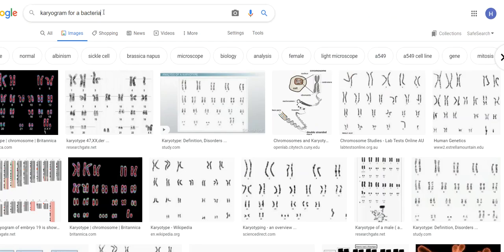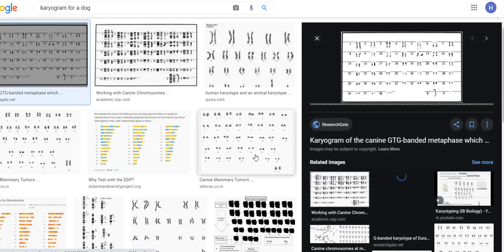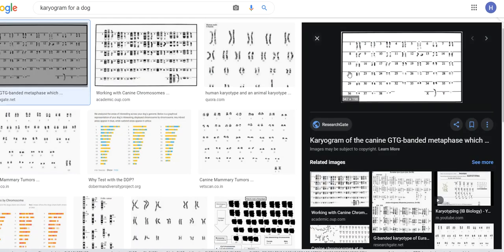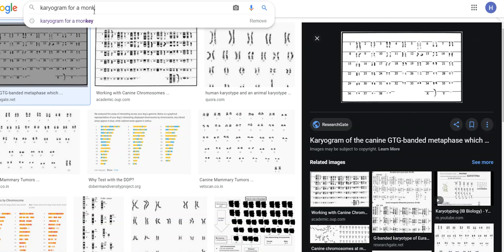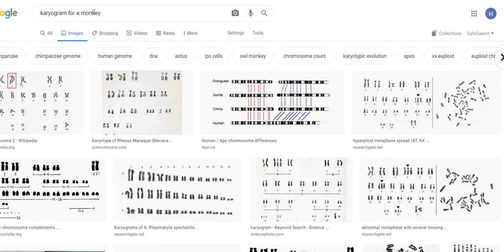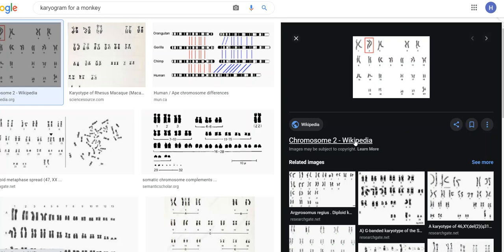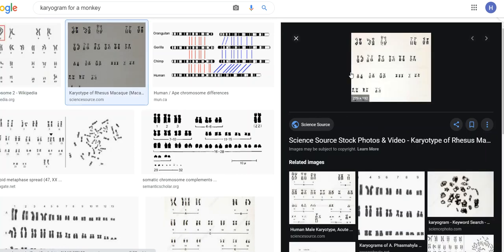And then I also find it interesting, so if you do a karyogram for a dog, what do you notice is different here? Do they have just 22 and then sex chromosomes? They have 38 different chromosomes. What do you think that's like for a monkey? Which are closer related to a human? Let's see. Looks like a karyogram for a rhesus monkey.